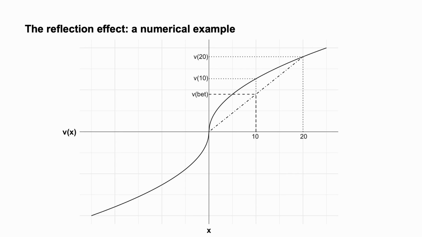The value of the gamble itself is the probability weighted average of the two gamble outcomes. Due to diminishing marginal utility in the gain domain, the value of the gamble is less than the value of $10 with certainty. The extra $10 over the certain outcome from winning the bet is less than the value of the first $10. As a result, the agent does not want to risk the bet.